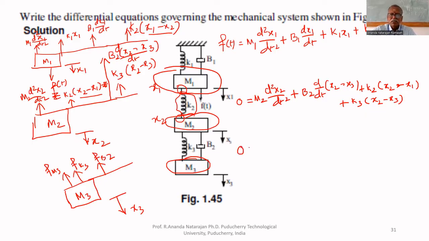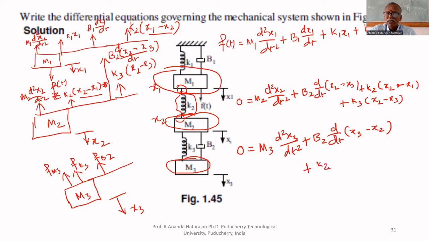What is the equation? 0 equal to M3 multiplied by d square x3 by dt square plus, since K3 is connected to both M3 and M2 and x3 displacement is considered for M3, for this dashpot B2 multiplied by d by dt of x3 minus x2 plus K3 multiplied by x3 minus x2.